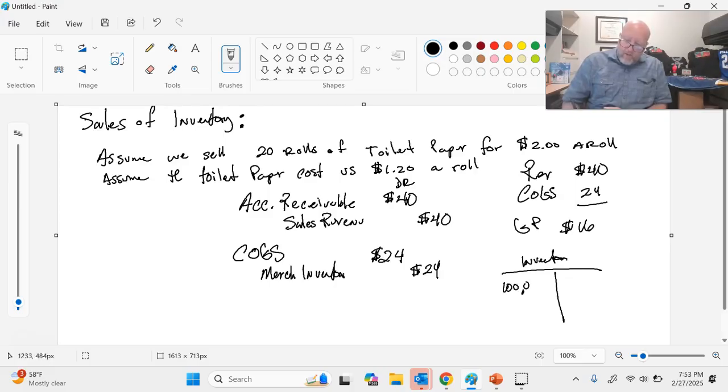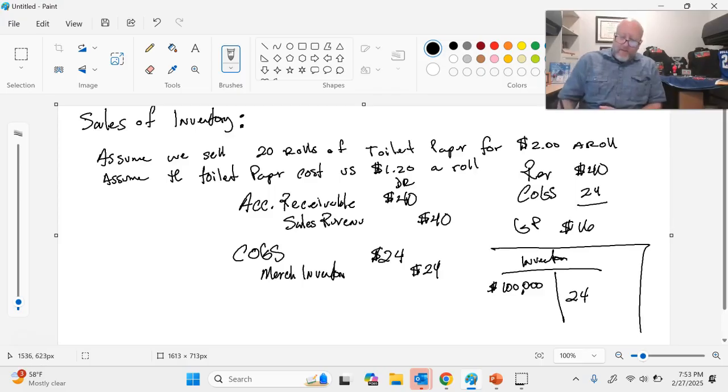Assuming I purchased $100,000 worth of toilet paper and I just sold 20 rolls that cost me $1.20 a piece, I would then credit merchandise inventory by $24. This is the balance sheet, and this is the income statement.